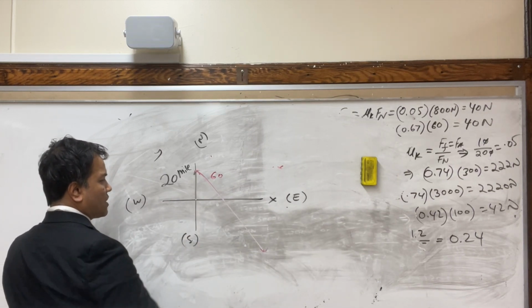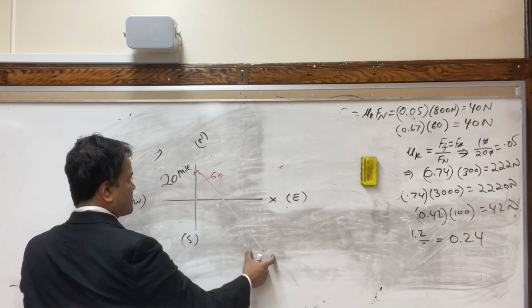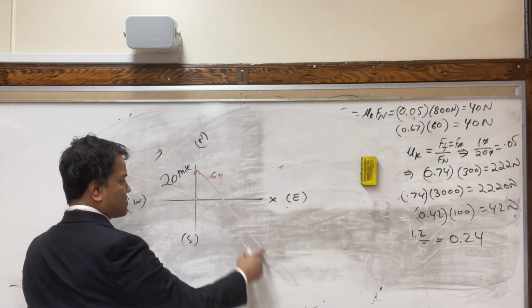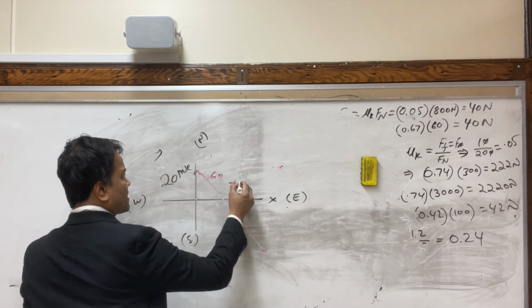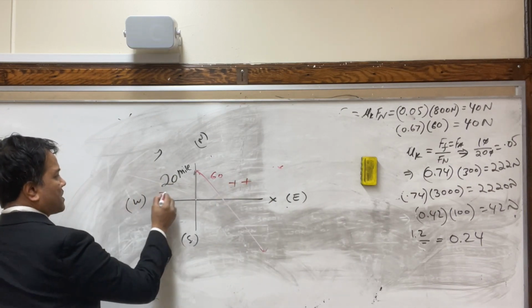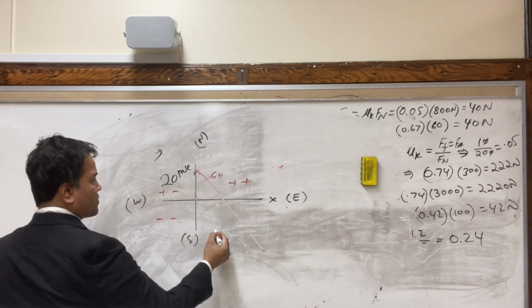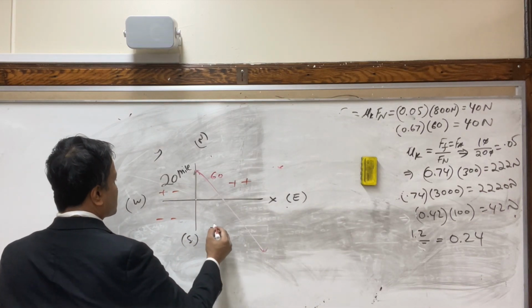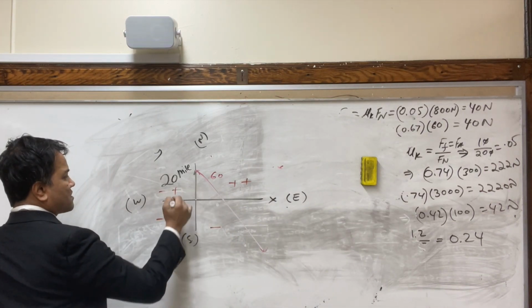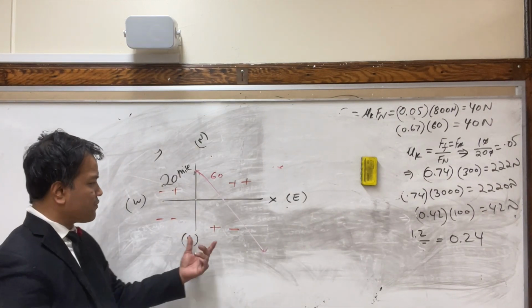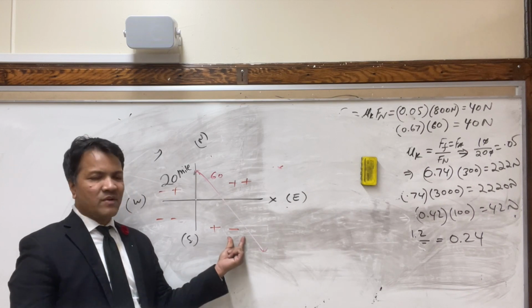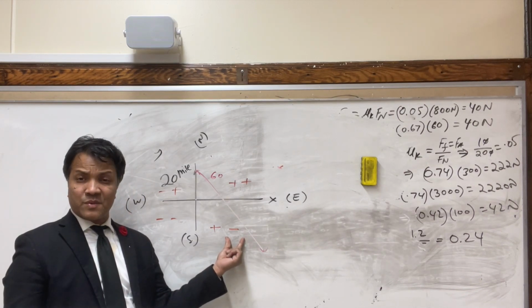So when you find the vector of this, make sure you use trigonometry. This is plus plus, this is plus minus, this is minus minus, this is minus plus. So the x value would be plus and the y value would be minus. Okay, make sure you be careful.